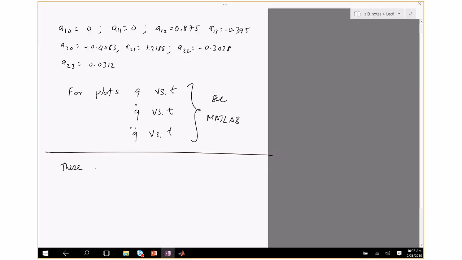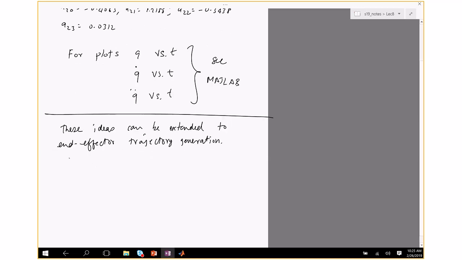These ideas can be extended to end effector trajectory generation the following way. So you define conditions on x of t, y of t.